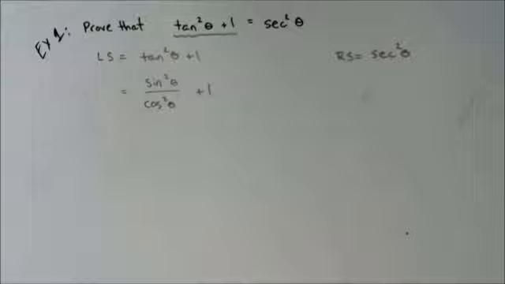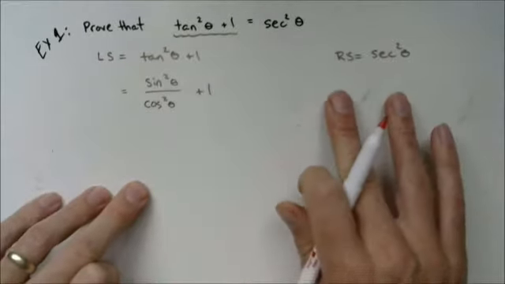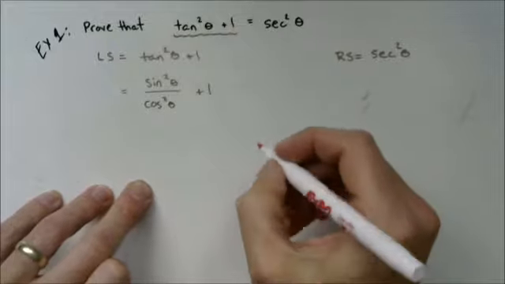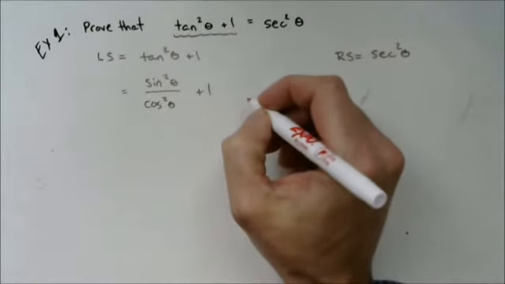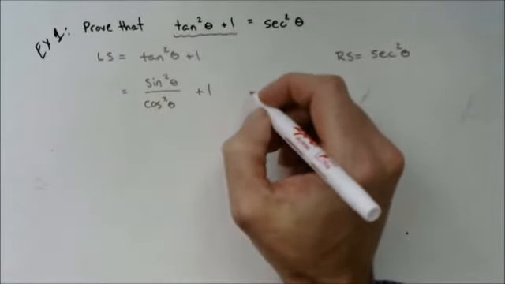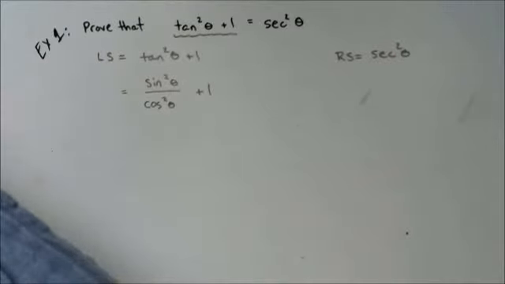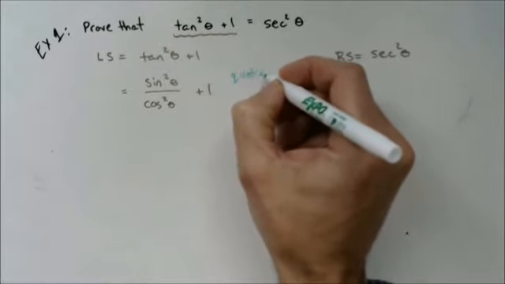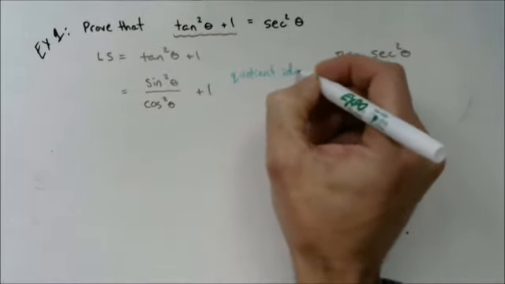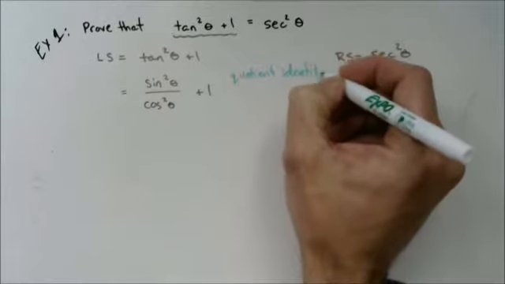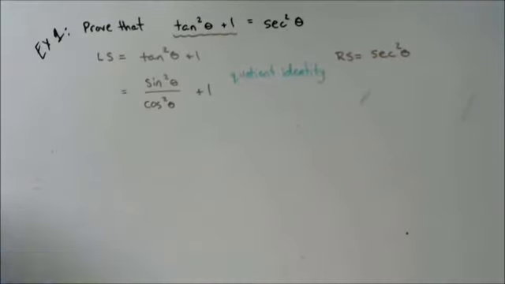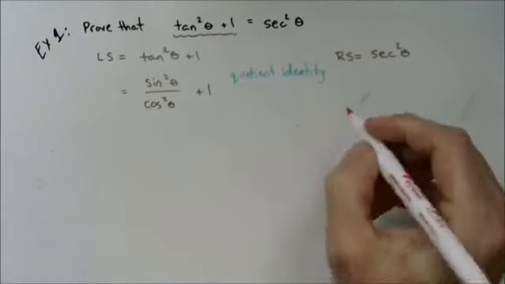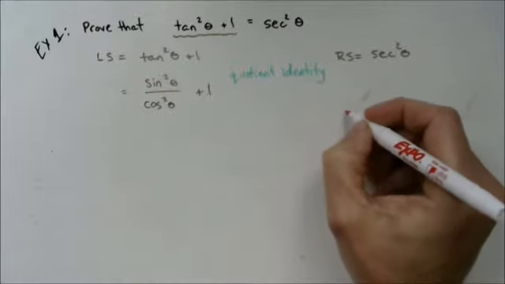If you like, write a little note on the side to give yourself an understanding of why I was allowed to do that. This is the quotient identity. And you say, oh, Mr. V, the quotient identity didn't have any squares in it. But consider the following.